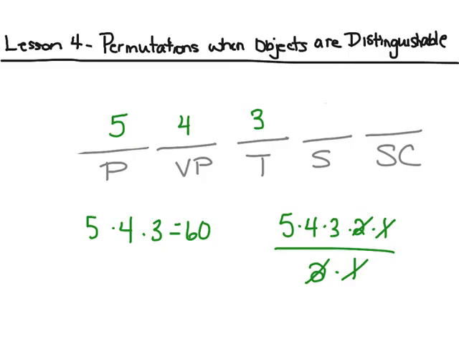The way we could do that is to divide by 5 minus 3 factorial. Notice that we're choosing 3 people. If you notice the pattern, it'll help us get to the formula.